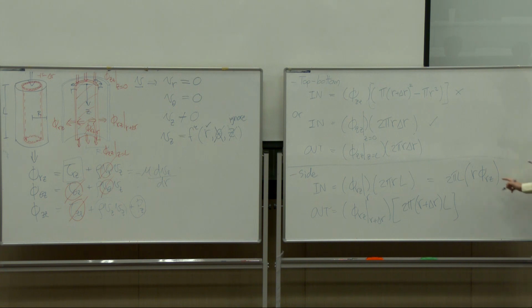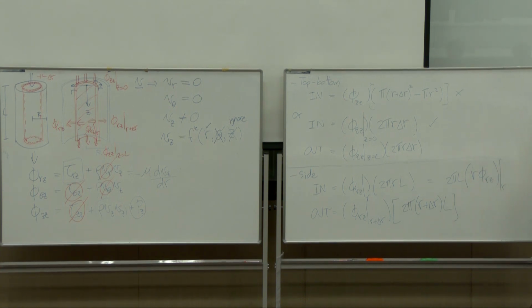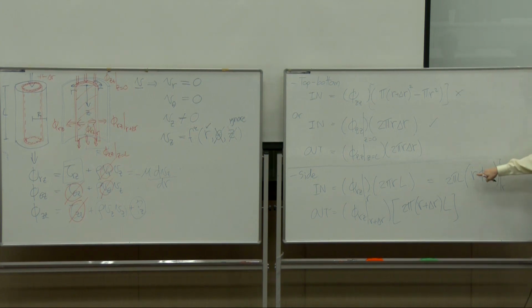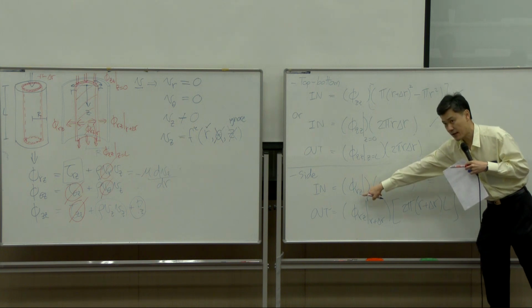And then I can say that the whole thing takes place at r. Can I do that? This means the first variable takes place at r. The second variable is taking place at r as well. Okay? So if you put r in here and r over there, you get r and flux at r.